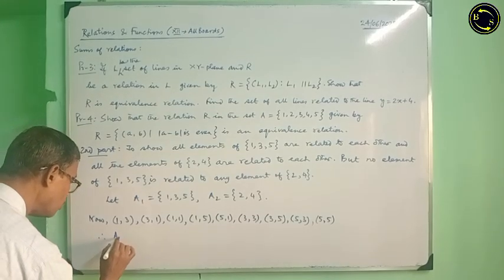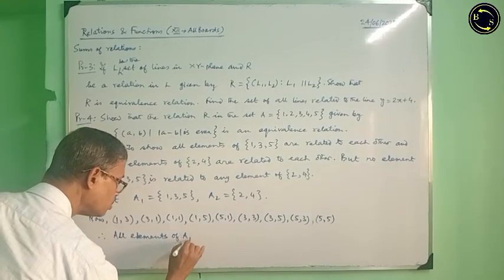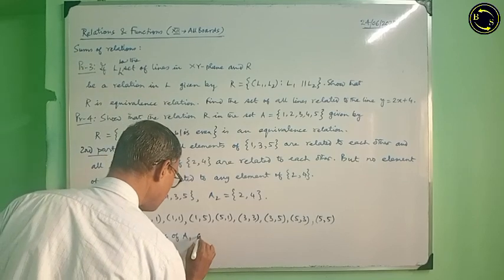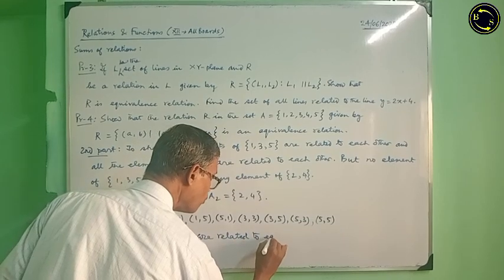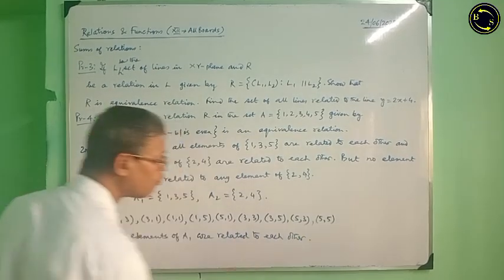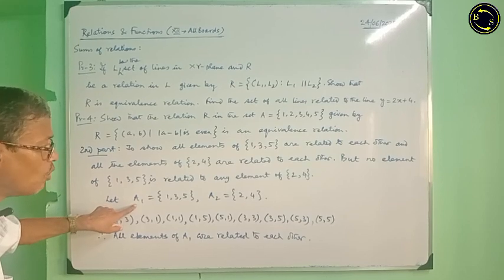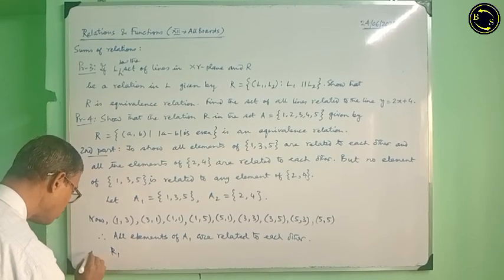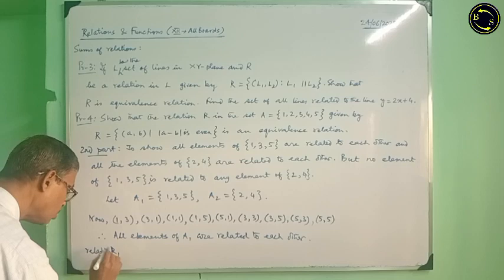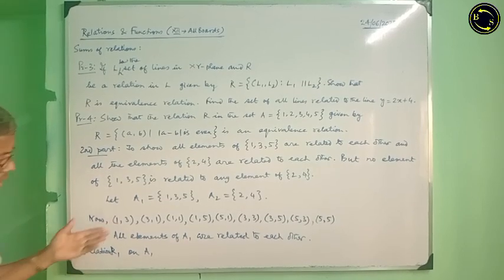Therefore, all elements of A1 are related to each other, and what we find is that the relation R1 on A1 is also an equivalence relation.